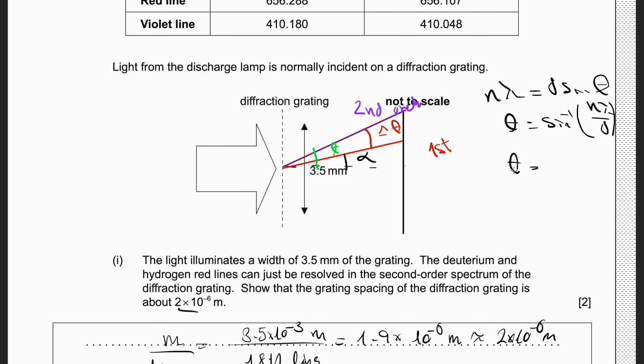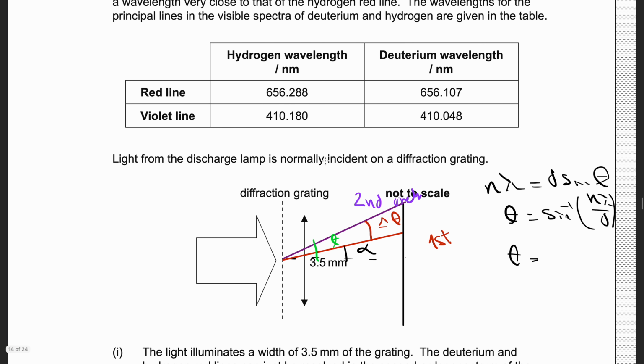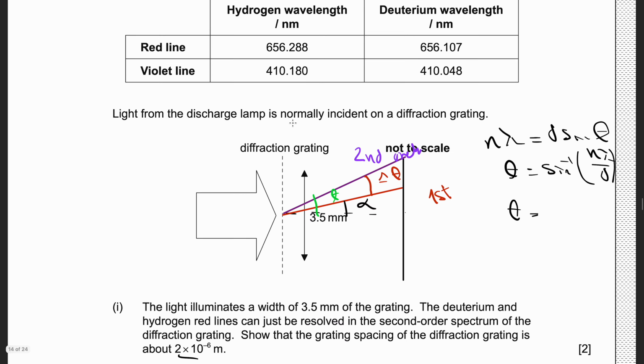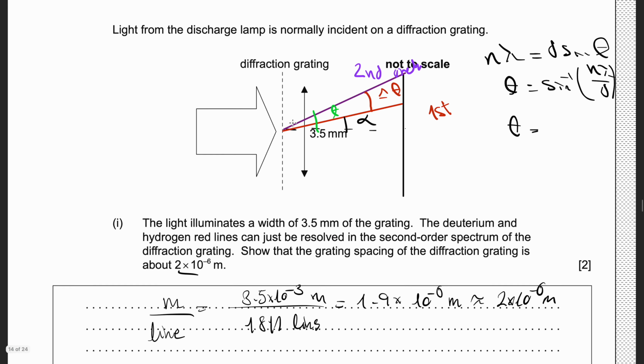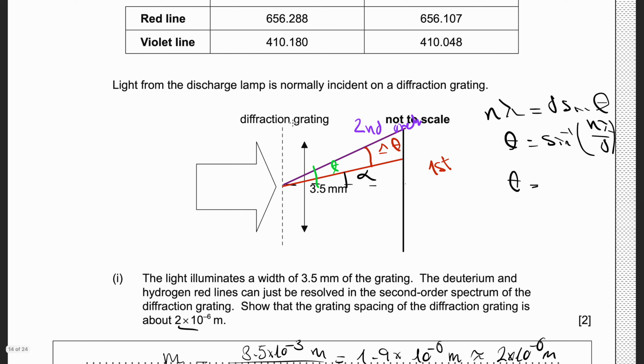Now if you calculate theta, which is the angle of your second order, it's going to be 2 times the violet line, hydrogen spectrum, so 410.180 over the distance which we found earlier, so 2 times 10 to the power of -6.